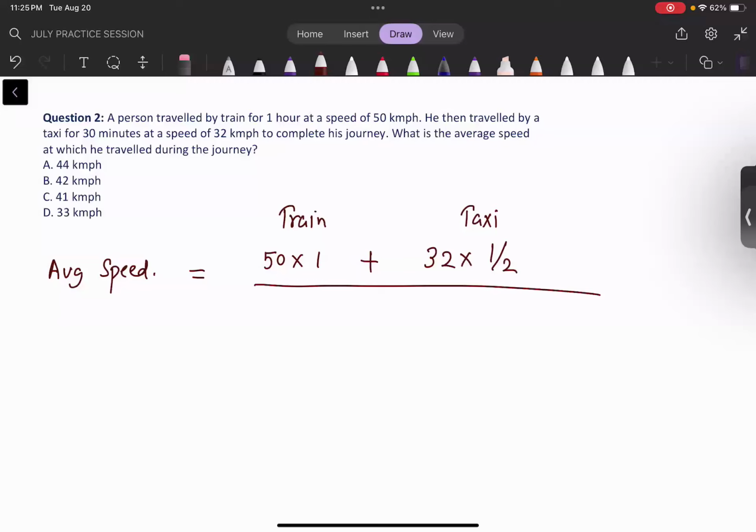So this will give you 16. Divided by time. Time is 1 hour for train and 30 minutes, that means half hour, for taxi. So 50 plus 16, 66 divided by 1 plus half, that is 3 by 2. This will give you 44 kmph. Okay. So clear with this, all of you?